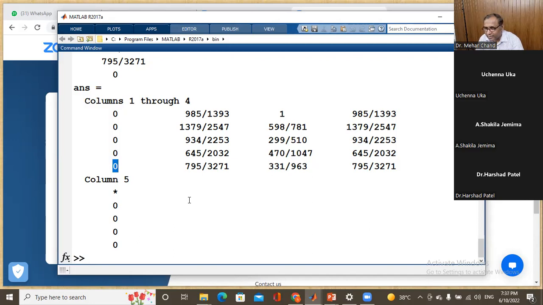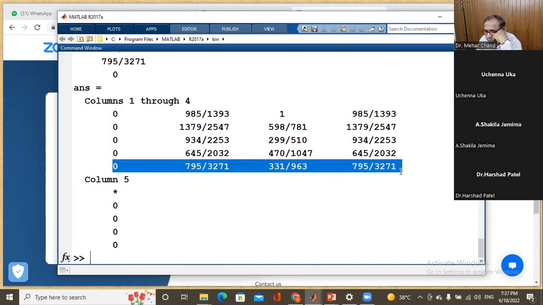Now the question is to find the temperature value on the rod at the time t equal to 0.5 and the space 0.5. That means we want to find the temperature of the rod when time is 0.5 and the space is also 0.5. So the answer is U equal to, so this value is nothing but this.